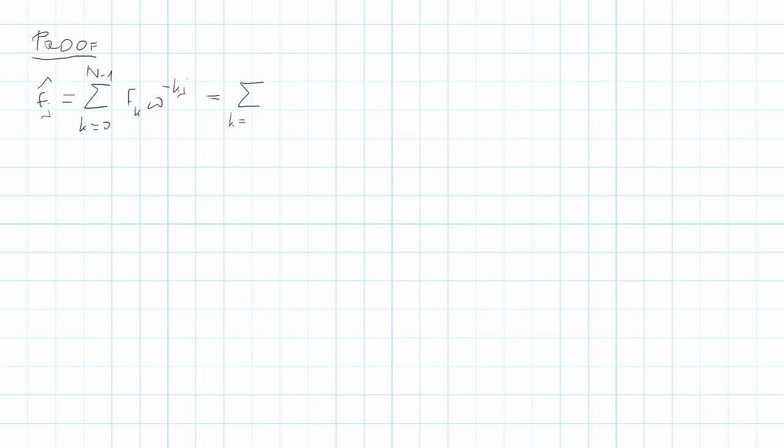So now we introduce a new k, which runs from 0 to n over 2 minus 1 of f_2k, and we change the indexation, so we need to adjust it here: omega to the power minus 2kj, plus the sum, and again k is from 0 to n/2 minus 1 of f_(2k+1) omega to the power minus (2k+1) times j.